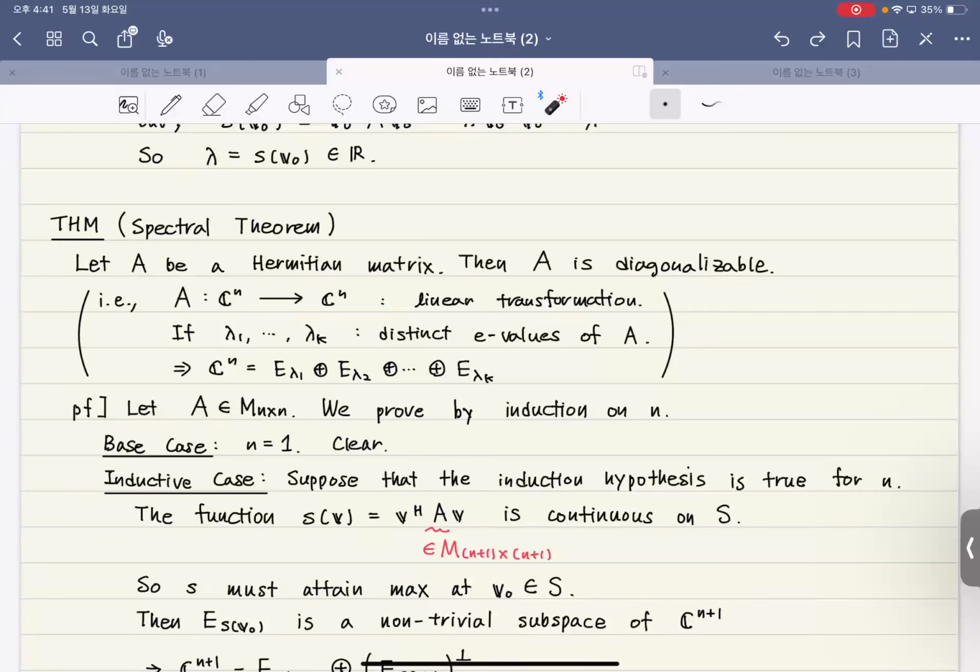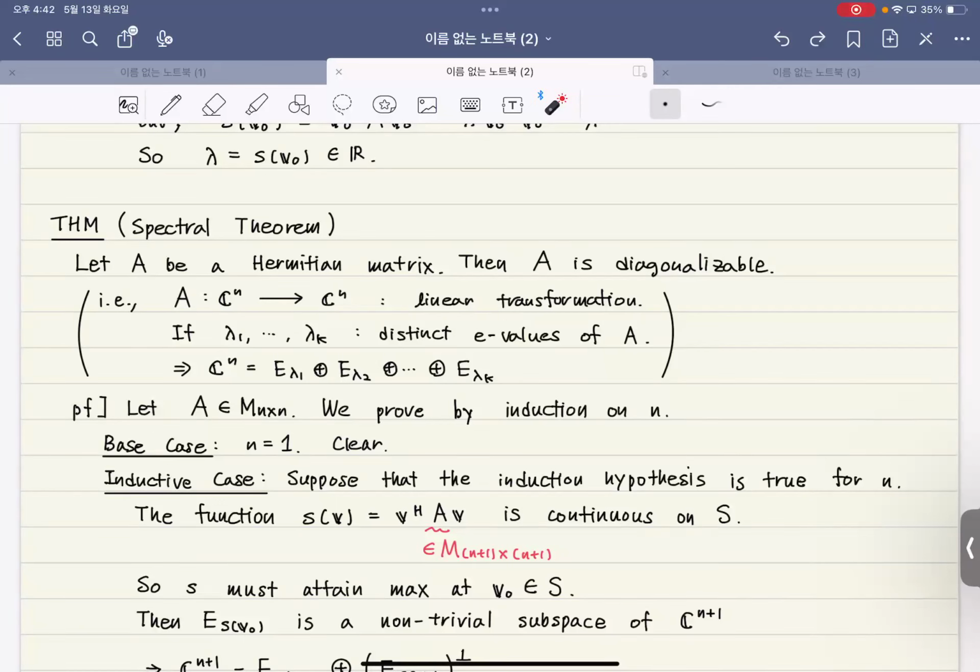If your matrix A is Hermitian, then it always allows a diagonalization. On top of that, I can do even more. If A is a Hermitian matrix, then the eigenspaces of distinct eigenvalues are always orthogonal, right? Two eigenvectors that belong to distinct eigenspaces are automatically orthogonal.